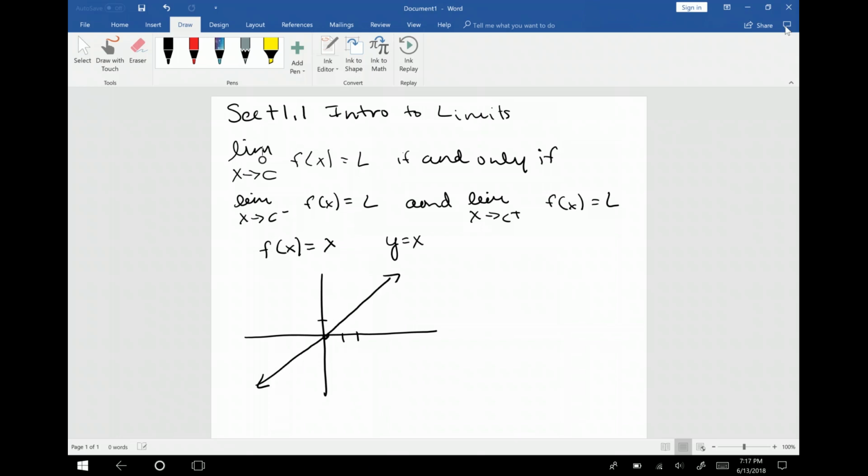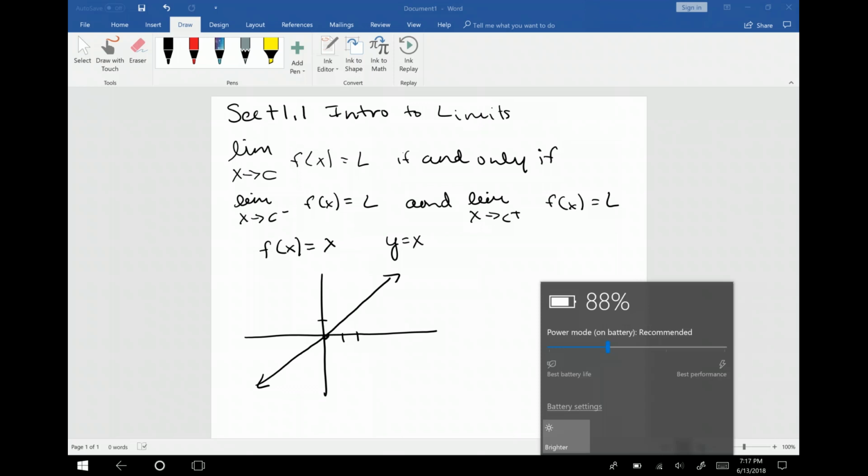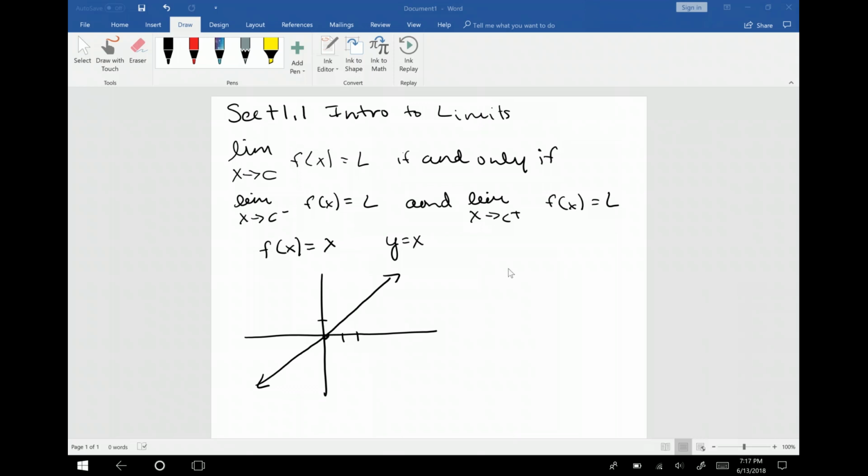If you were asking the question, what is the limit as x goes to 2 of our function? What we're looking at is our y value. When I'm talking about a limit, I'm talking about the y value. This is our x value, and the thing that this is equal to is always going to be a y value.